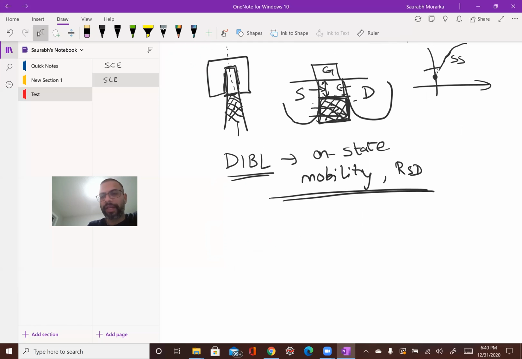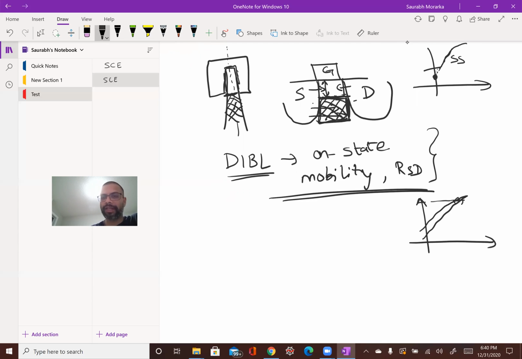It also is dependent on the choice of the current that was used for this effect of DIBL. And most of the times, the currents that are chosen for DIBL are higher than what we end up picking for subthreshold slope. So that's the reason why it ends up picking these on-state properties of the device.